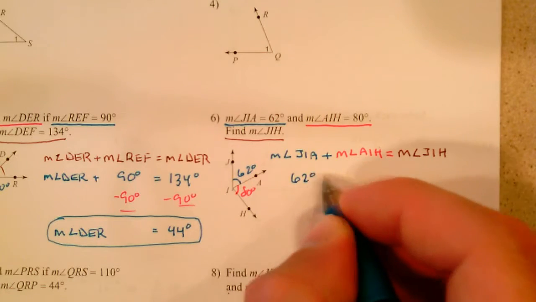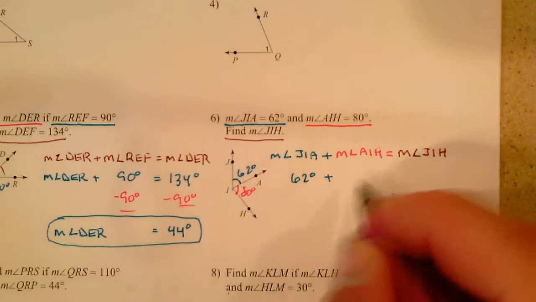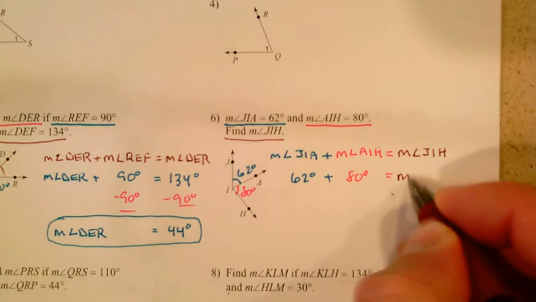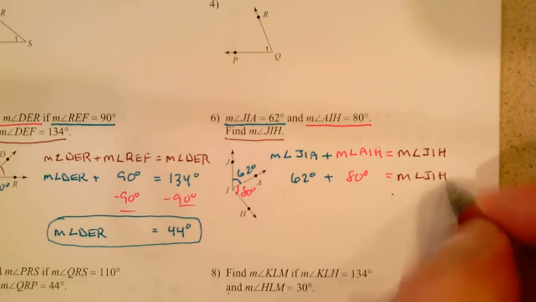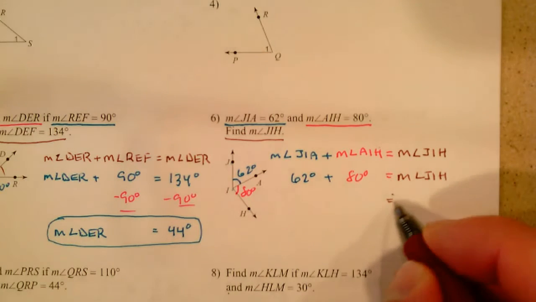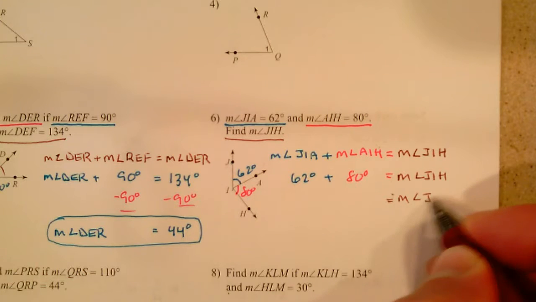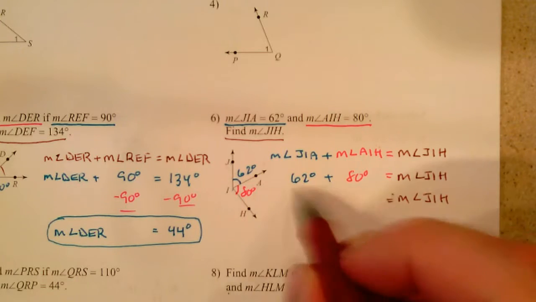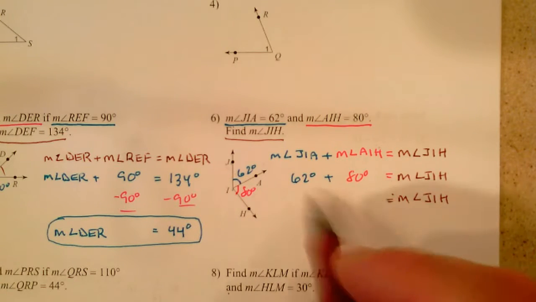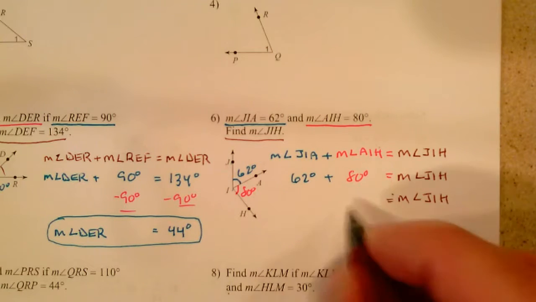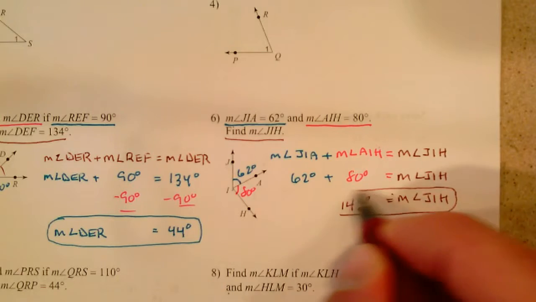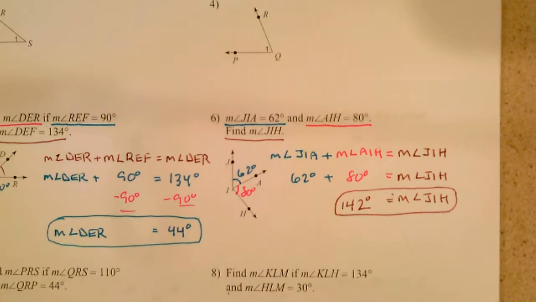We have 62 degrees plus 80 degrees equals measure of angle JIH. So measure of angle JIH is equal to 62 plus 80, well 60 and 80 is 142. We have our answer. Alright, I'm going to leave the last couple up to you, and let's take a look at what we have on the back side here.